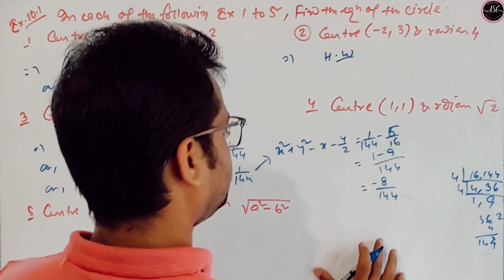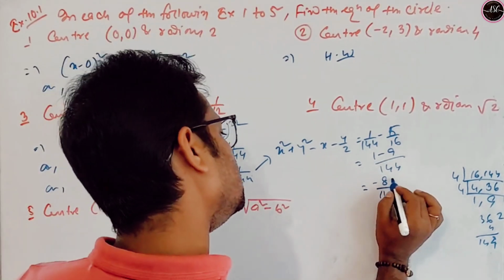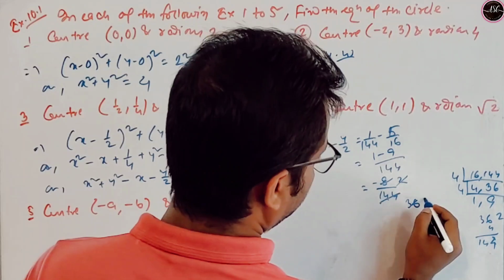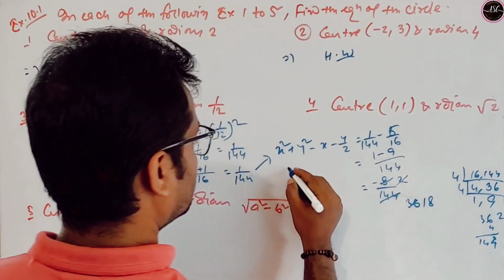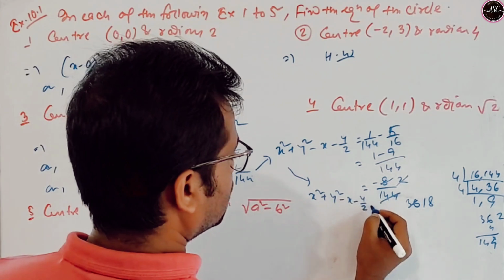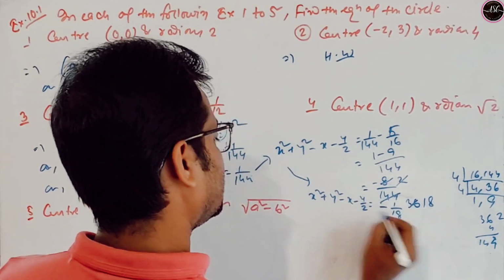So it will be minus 44 by 144, equal to minus 11 by 36. So it will be x square plus y square minus x minus y/2 equal to minus 11/36. That will be the equation.